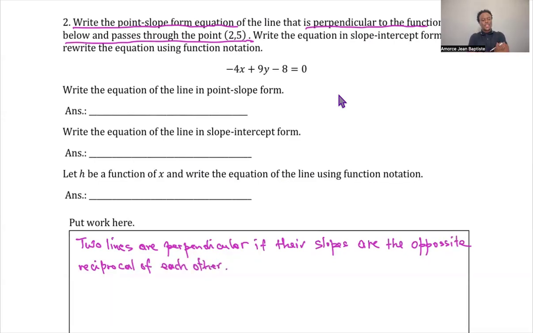Now the question, when are two numbers opposite reciprocals of each other?